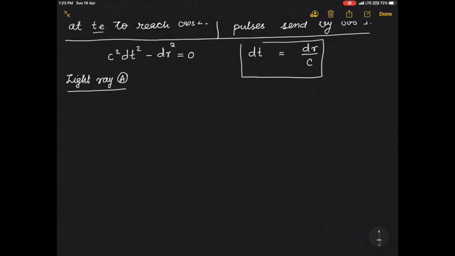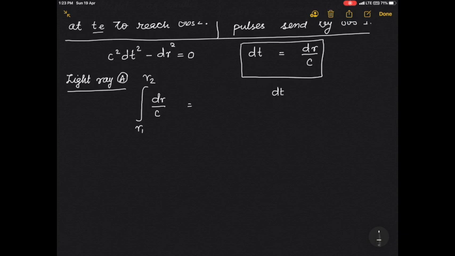For light ray A, I just have to integrate this expression. How do I integrate it? Let me write the right hand side in the left hand side. So for light ray A, I have the integral of dr by c equals the integral of dt. There is a reason I am writing dt a little far away, but it's the same equation.